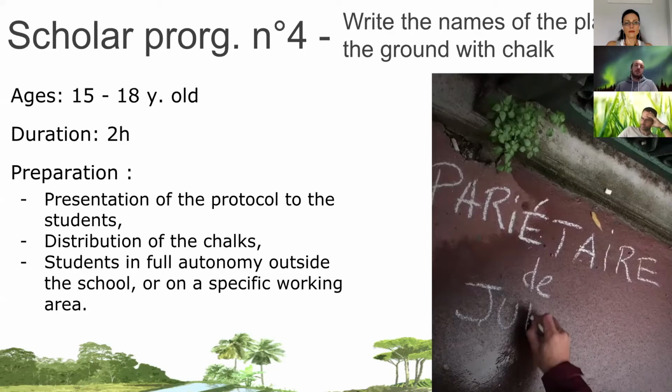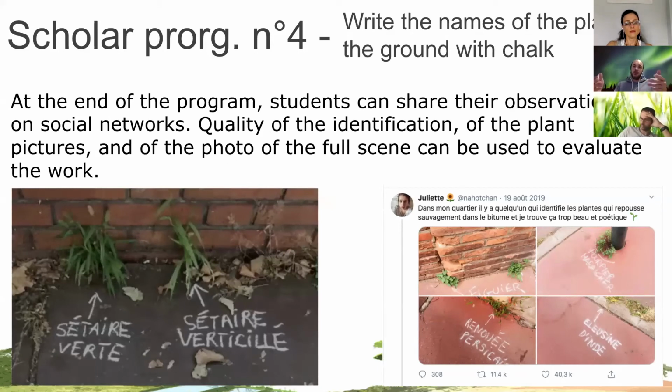It's a real one. Nobody planted that plant, and the name is the first way to recognize the species, an individual plant. This is why they ask to write the name on the ground with chalk. After that, several students and teachers share their pictures and illustrate the fact that in one way they increase the visibility of this unseen urban biodiversity, and they promote this activity and highlight the fact that in the end there are several different species who live and develop close to human activity.